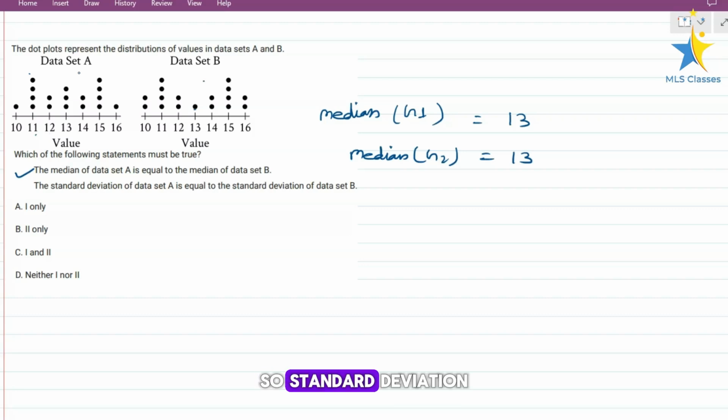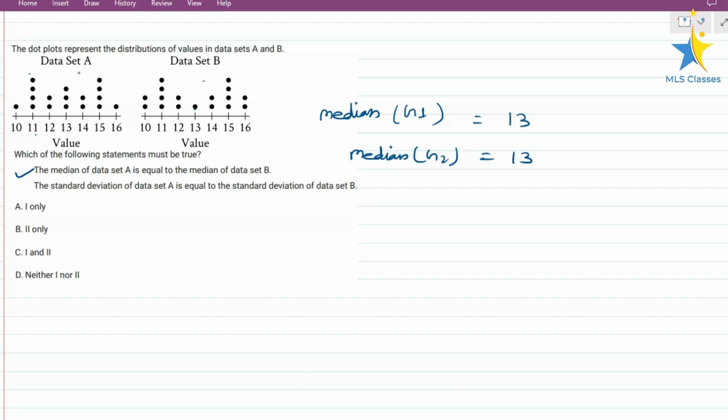So standard deviation is a measure of the spread of the dataset. It is larger when there are more values further from the mean. So you can see here how many data points are farther from the mean and how many are close.